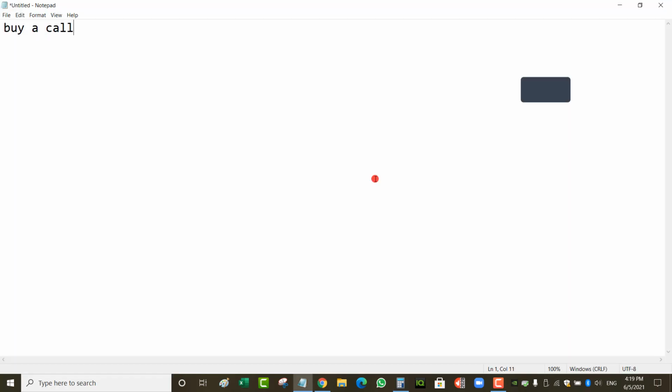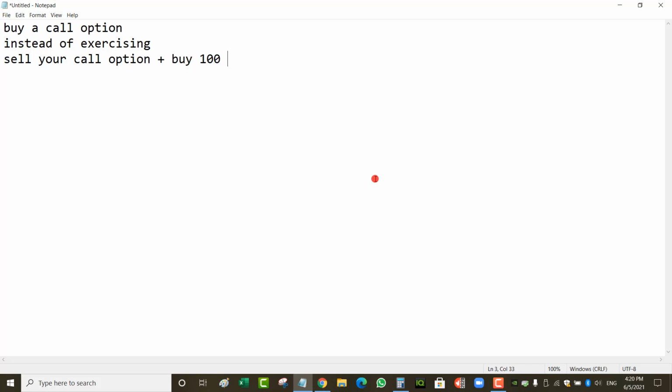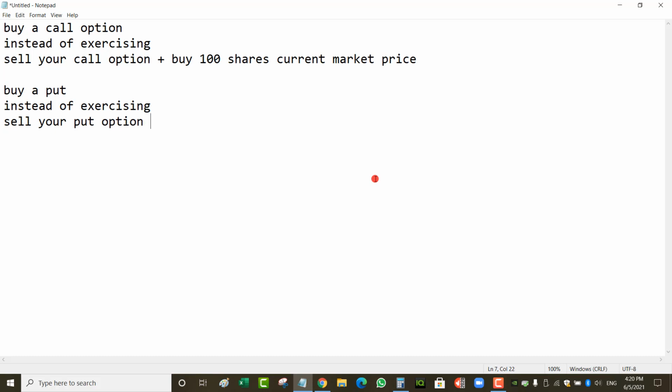So if you bought a call option, instead of exercising, you could sell your call option plus buy 100 shares right away at the current market price. And in the case of a put option that you bought, instead of exercising, you could sell your put option plus sell 100 shares at the current market price. This is assuming that you already own 100 shares of the underlying.